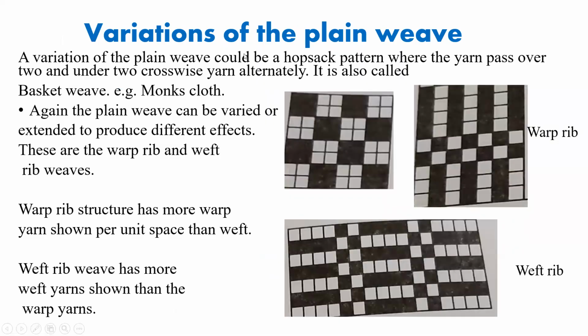So the variations. It's 1/1, so as soon as you increase the one, it becomes a variation. If it is now 2/2, it's a variation. If it is 3/1, it's a variation. But they all have names.